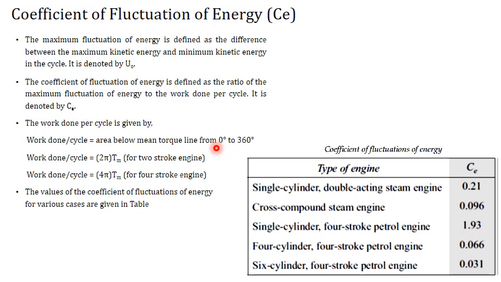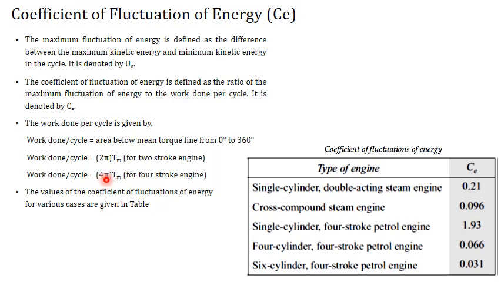Whereas for a two-stroke engine, the work done is equal to 2 pi into Tm, where Tm is the mean torque provided by the system, and for a four-stroke engine, 4 pi into Tm will be the work done per cycle, as it is going to cover a cycle in 2 revolutions.